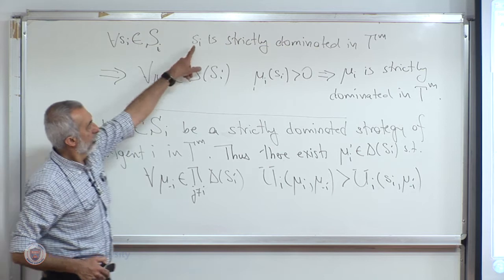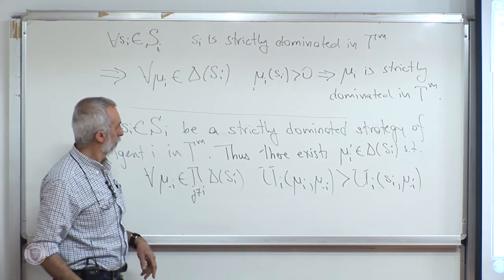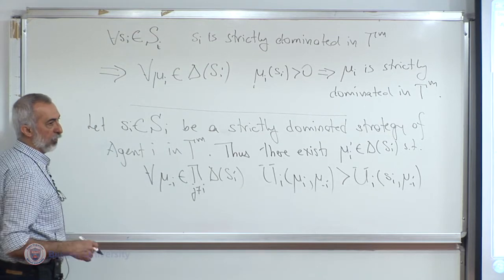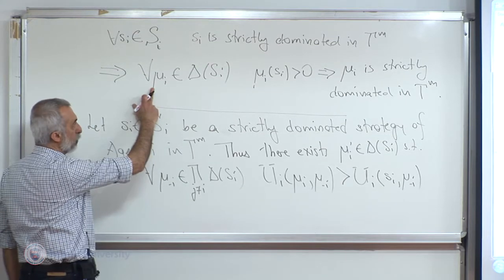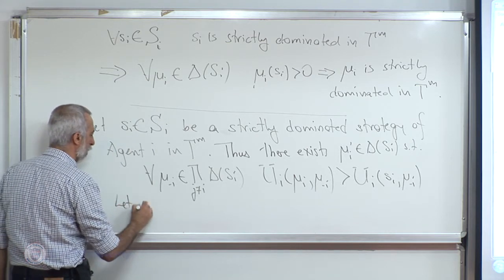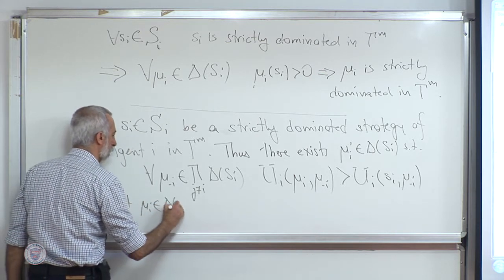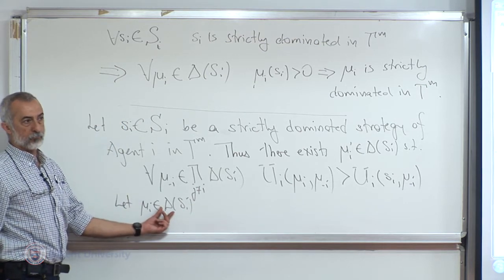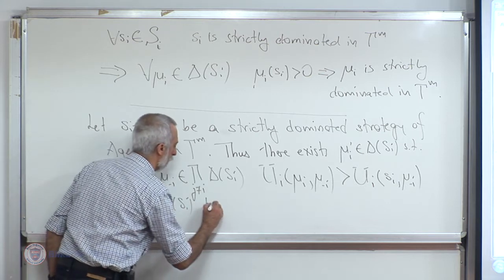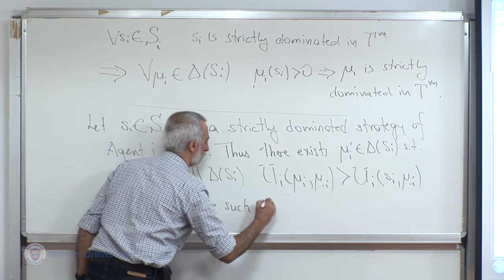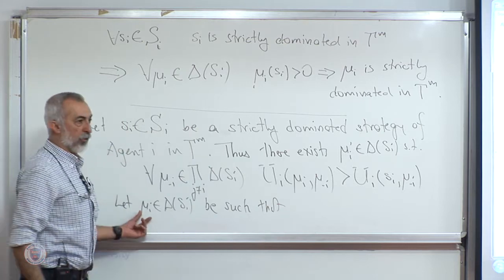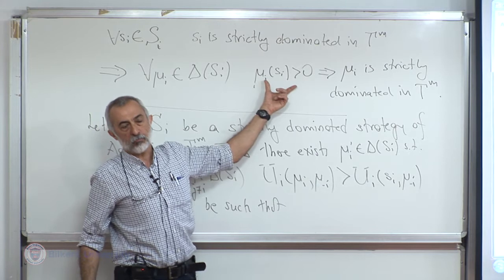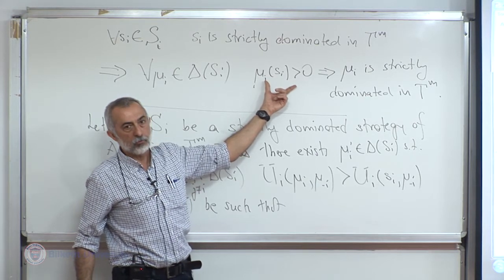So the hypothesis part implies this. I want to show this part. Again, we'll do a direct proof. That's a universal quantifier on mu I. So I say pick an arbitrary mixed strategy of player I for which the hypothesis part of the second statement is true.